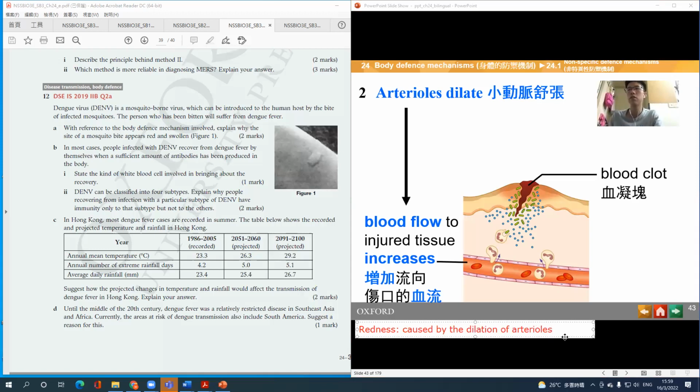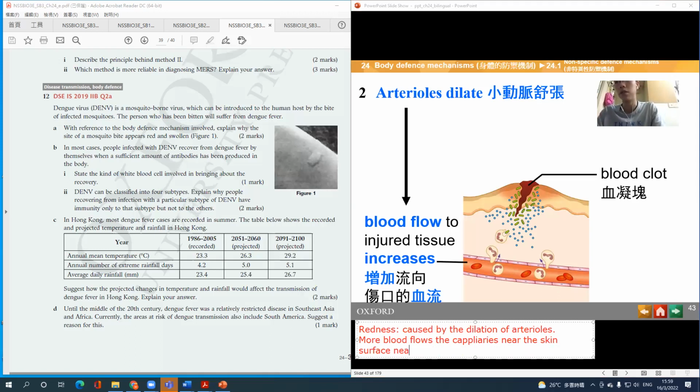Arterioles will have some kind of dilation, so there is more blood flow to the capillaries near the skin surface, near the wound.